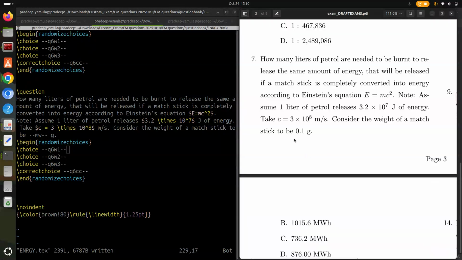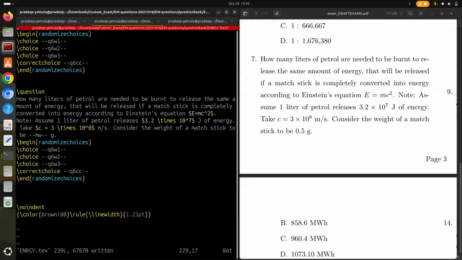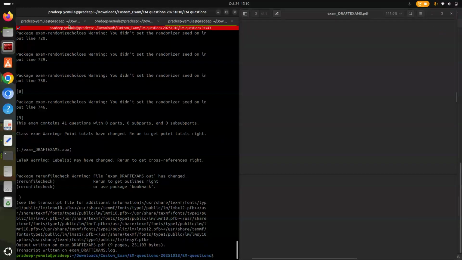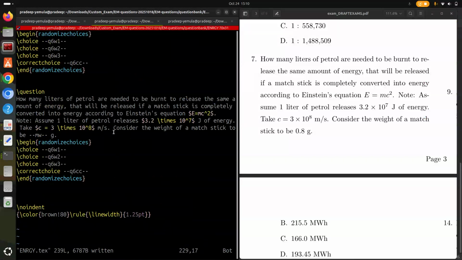Now if you see here, we are getting 0.1. Once again I run this, and now it's coming 0.5. So I think we'll do one thing: we'll make it two decimals.